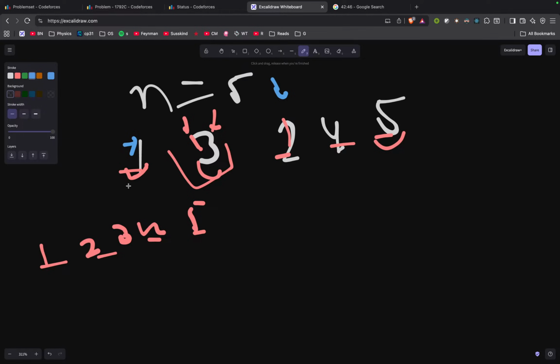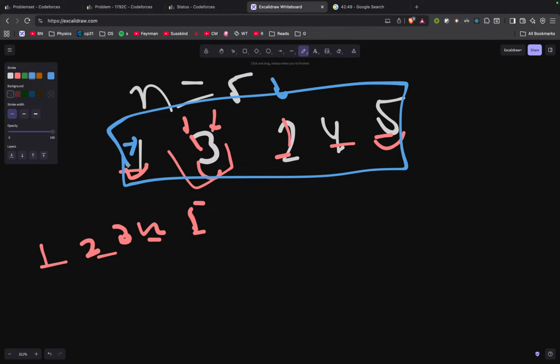Our final answer would be, first of all, we have to solve and put out of order things in order. And also, when all of these numbers at the opposite ends are relatively in the correct order, then we want the whole array to be in ascending order, which in this case means we want 3 to go here.